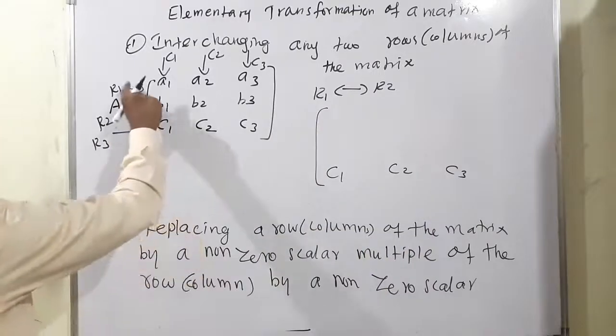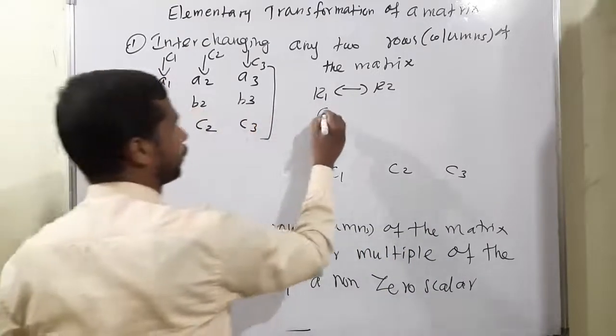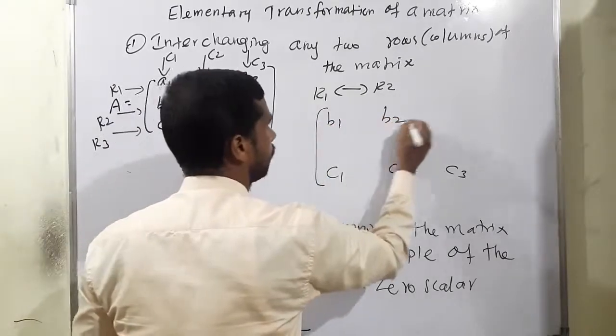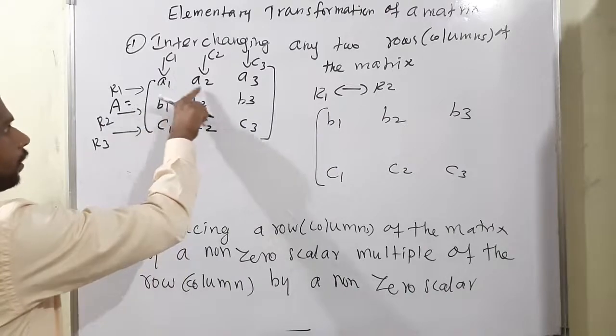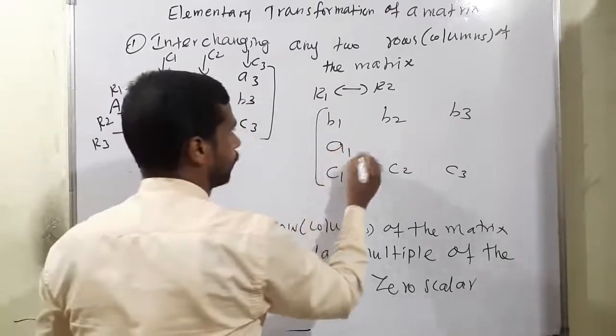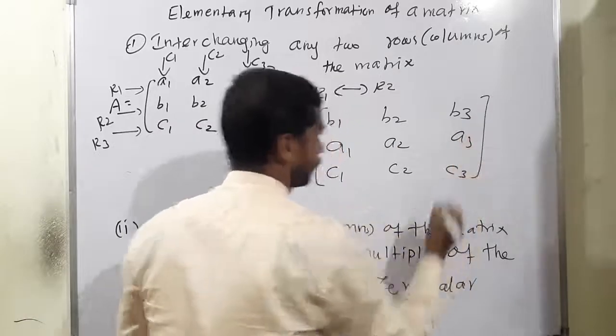But row 1 is interchanged with row 2. Row 2 is B1, B2, B3, so we write it as row 1, and then row 2 is A1, A2, A3. This is condition number 1.